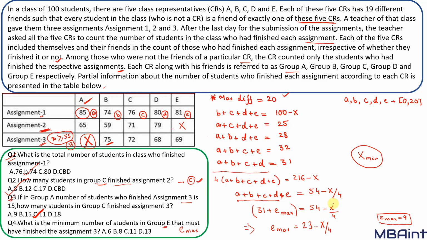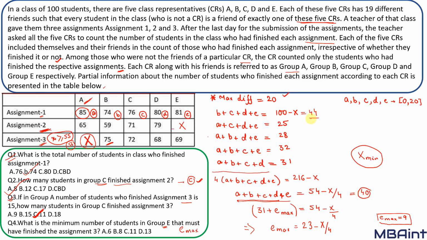Now let's check back if I'm violating any of the equations or not. What is the value that I'm taking? x equals 56. Then this value, 100 minus x, would be 44. Now what would be the value of this complete equation, 54 minus x by 4? That is 40. Now this is violating.